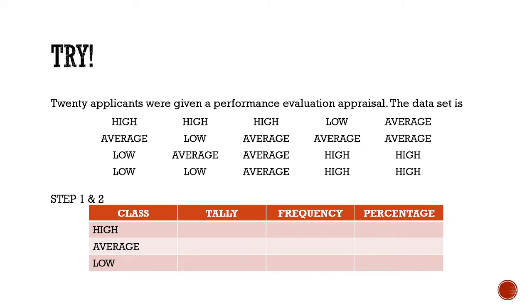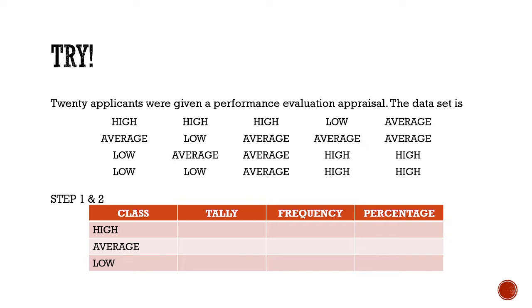We constructed the table with class, tally, frequency, then percentage, and under class, we just listed all of the classes of the performance evaluation appraisal. So we have here high, average, and low.